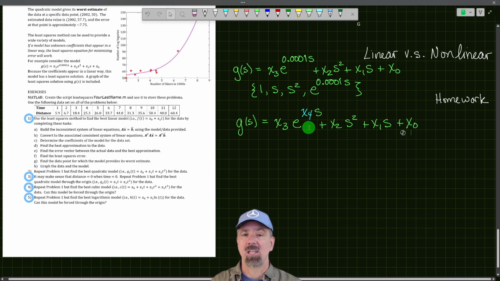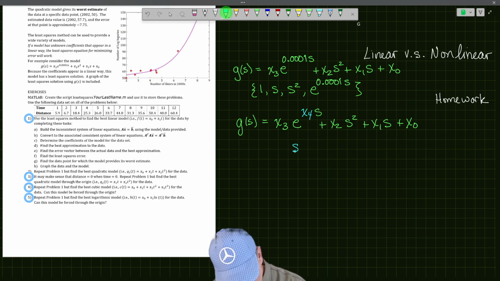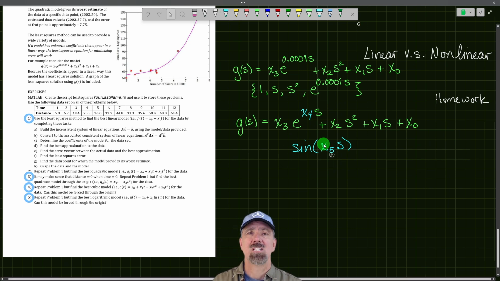This makes it nonlinear. It would be the same as if we had picked a sine function and we didn't know what we wanted for the frequency of the sine function. This is not a coefficient out in front of the sine. This is not a function that is part of the basis. It's a function, if you will, that is changing.